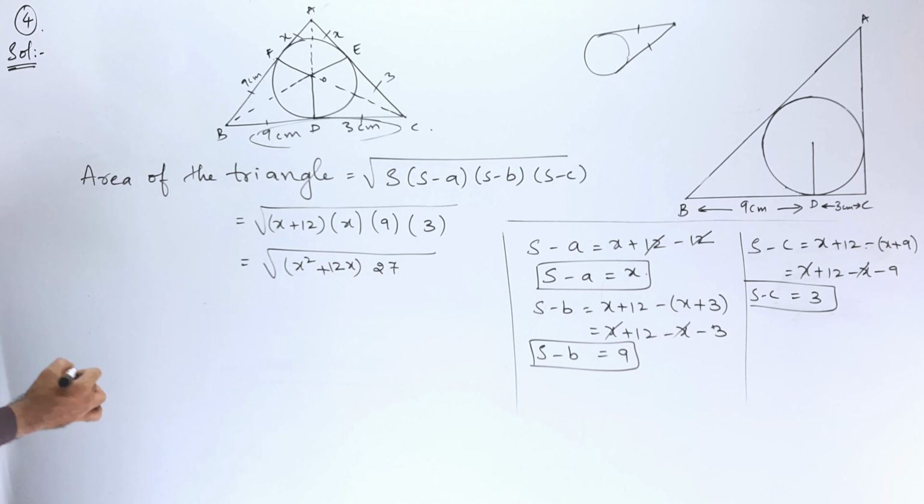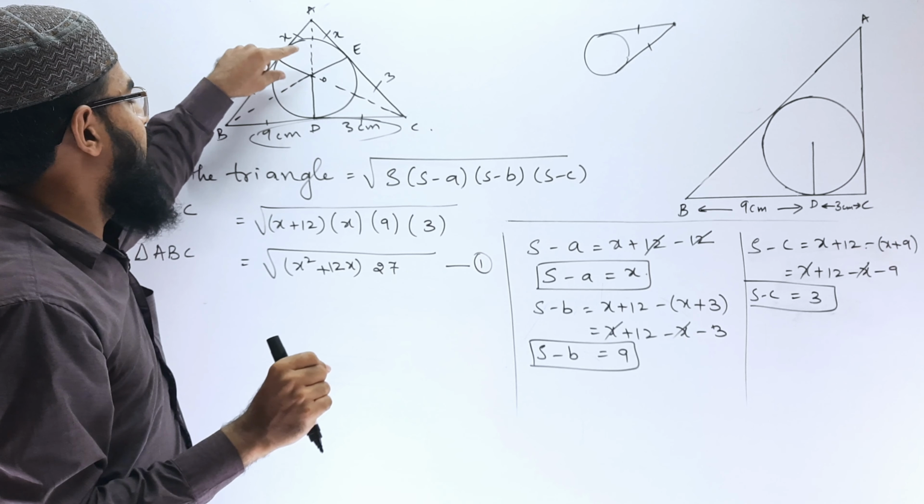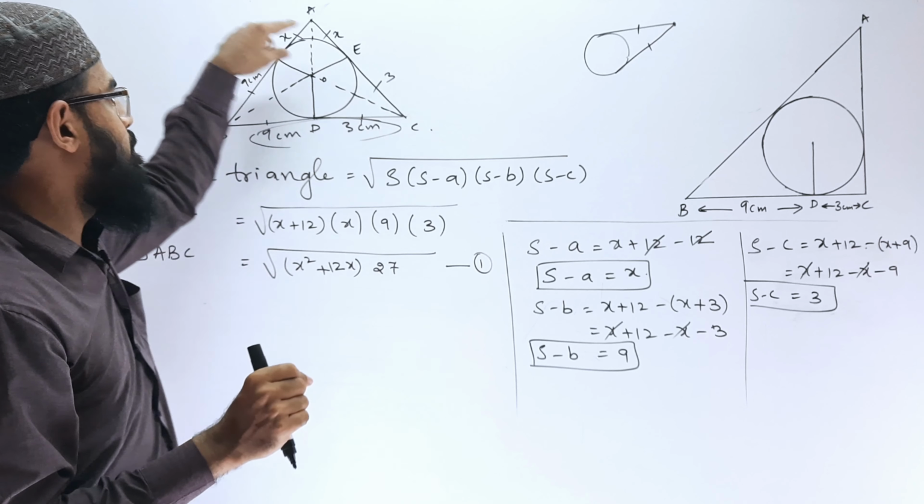Next, as we know, these are three triangles BOC, AOC and AOB. If we find out the area of these three triangles and add them, then we will get the complete triangle ABC.